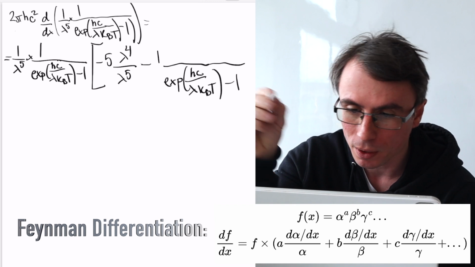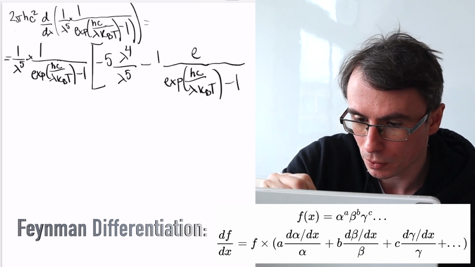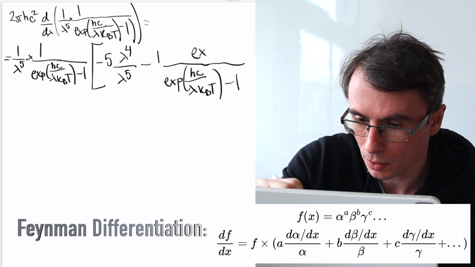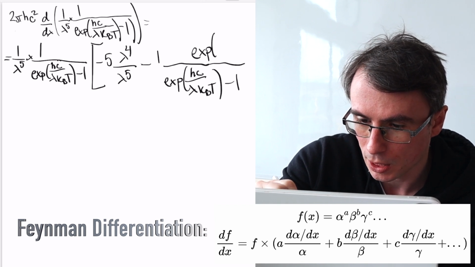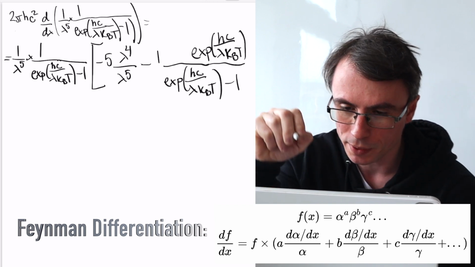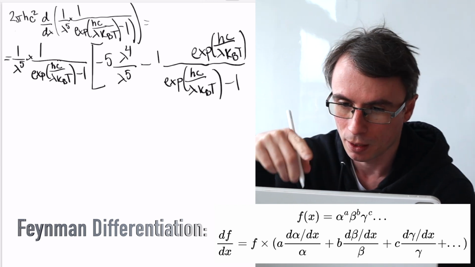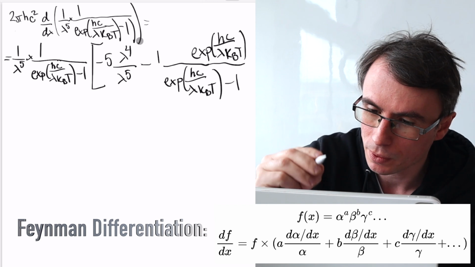At the top, we need to differentiate our expression. So the derivative of e to the x is, well, we're going to have to use the chain rule for this one. So this here will just be the exponent of hc over lambda kbt. The 1 disappears, and then the derivative of the inside function. So these are just constant, aren't they?